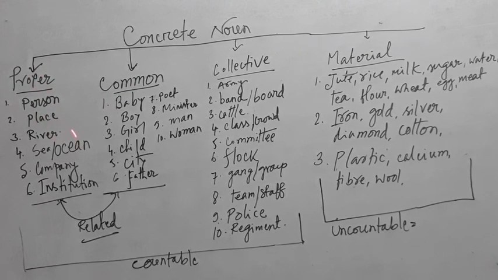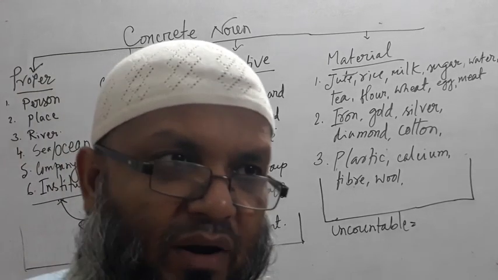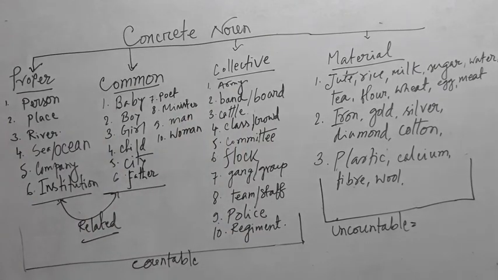Place, river, ocean, company, institution, baby, boy, girl, child, city, and father, poet. Poet means, suppose if I tell you about our national poet Kazi Nazrul Islam, then it will be proper. But poet means all of the poets of the world, so then it will be common. I think you can understand the difference between proper noun and common noun.